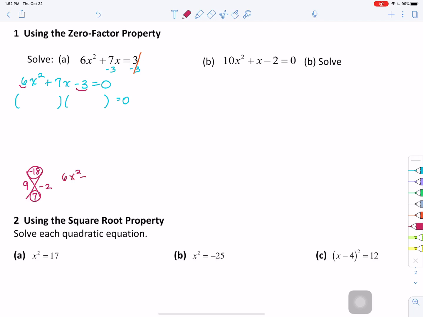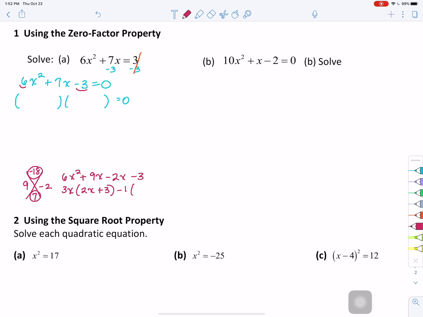So I rewrite with a group, and then I factor out the common factor. It looks like a 3x, so that's a 2x plus 3, and I'll just factor out a negative 1.